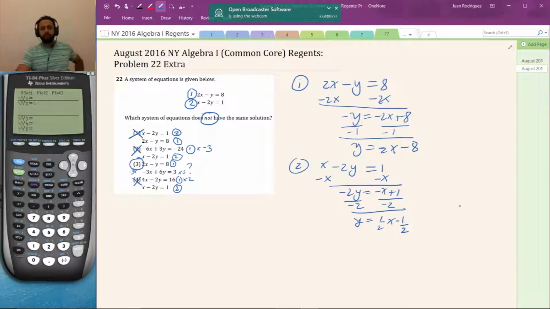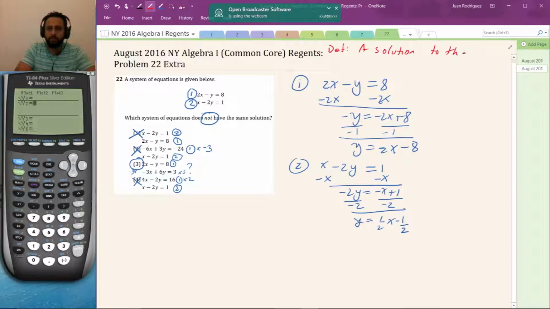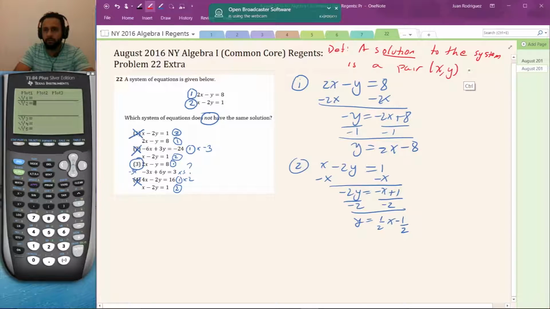So now, what is a solution to this system? A solution to the system is an ordered pair x, y satisfying both equations simultaneously.